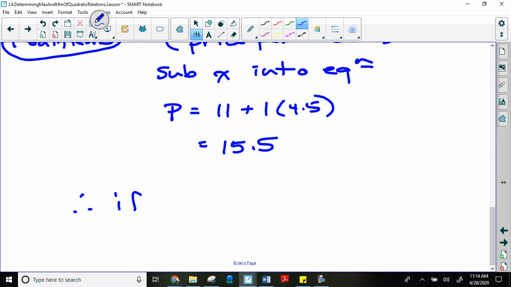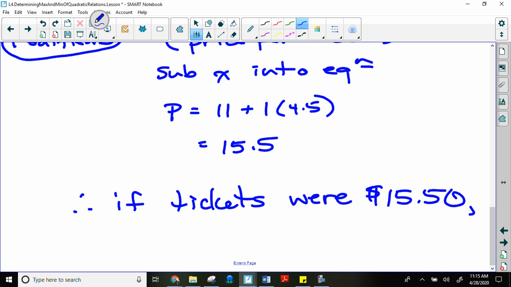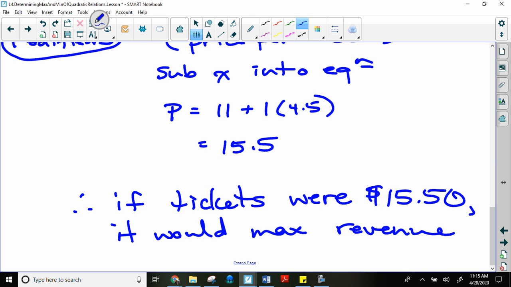Therefore, if tickets were 15.50, it would max revenue. Yay!